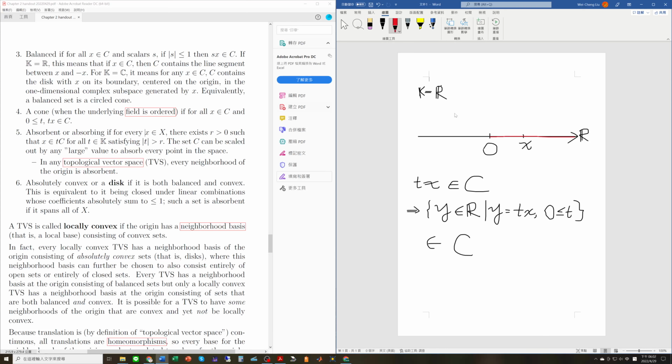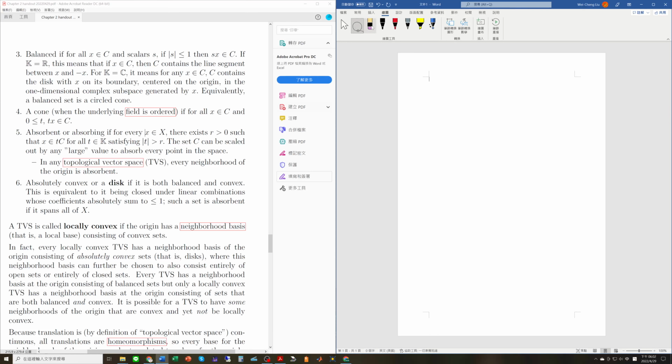Next, let us see another example. If K is equal to C, that is the set of all complex numbers, what will happen? Let us draw the figure again.